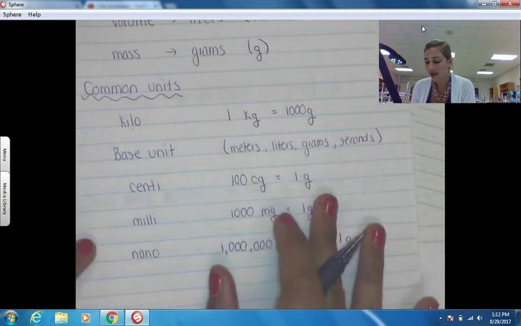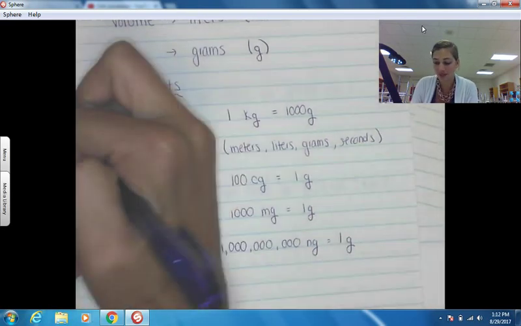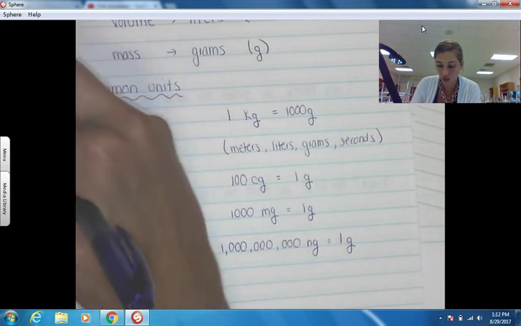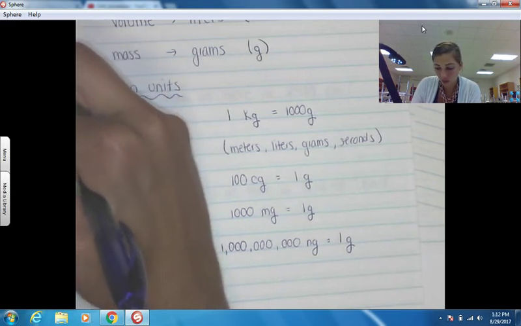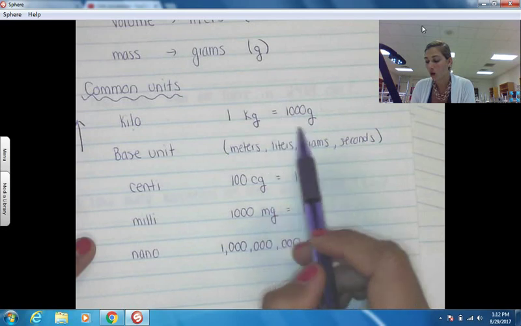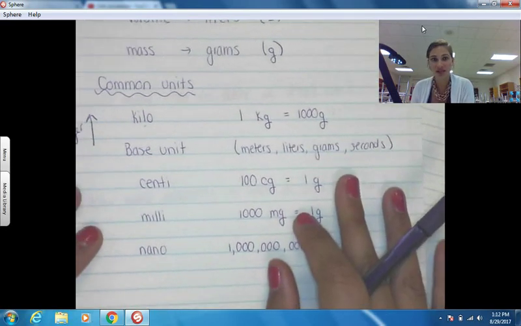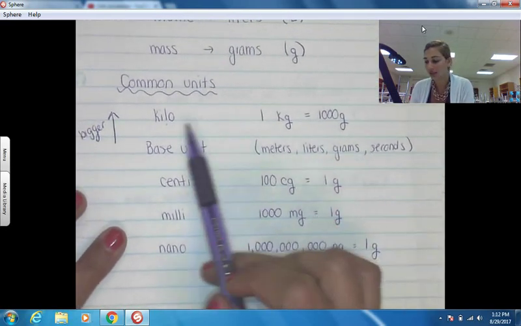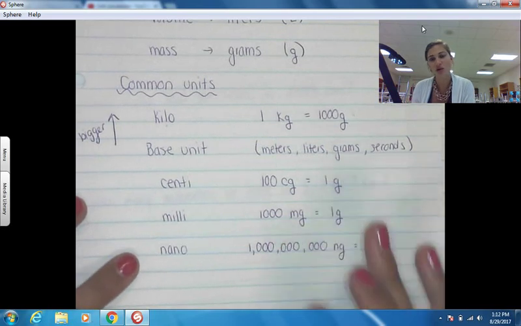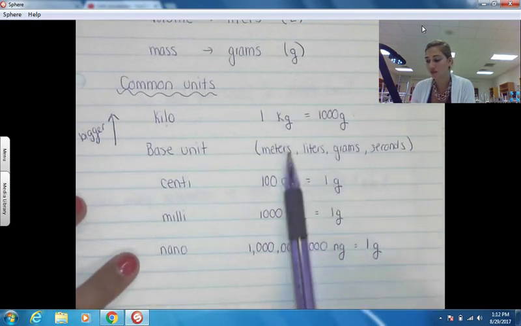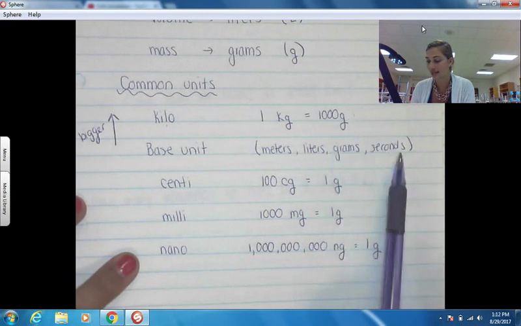So we have to know that a kilo is bigger than our base unit. It's a larger unit. In fact, 1,000 grams fit into 1 kilogram. And I'm just using gram as the example. Meters could fit there, liters, grams, and seconds.